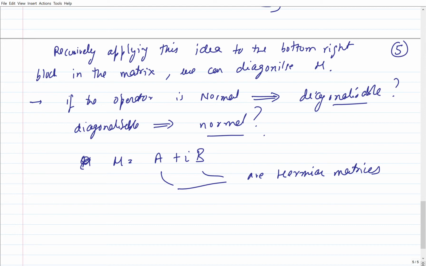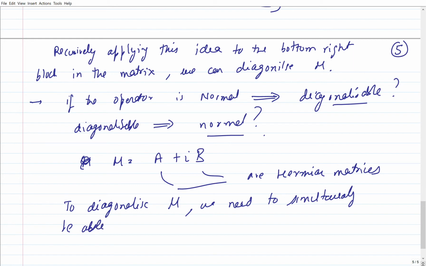If I can diagonalize A and B simultaneously, then to diagonalize M, we need to simultaneously be able to diagonalize A and B.